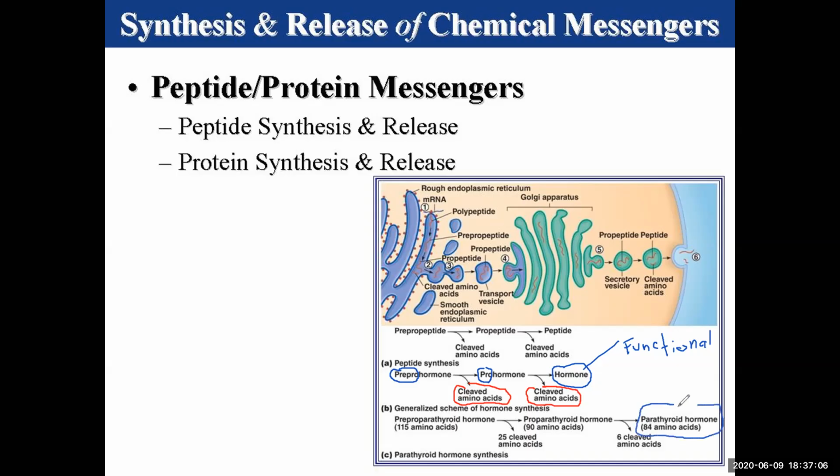The parathyroid hormone is a very important hormone involved in maintaining calcium homeostasis. Calcium is the divalent cation, Ca2+, right? And the parathyroid hormone is produced by the parathyroid gland, and this gland is located posteriorly to the thyroid gland.